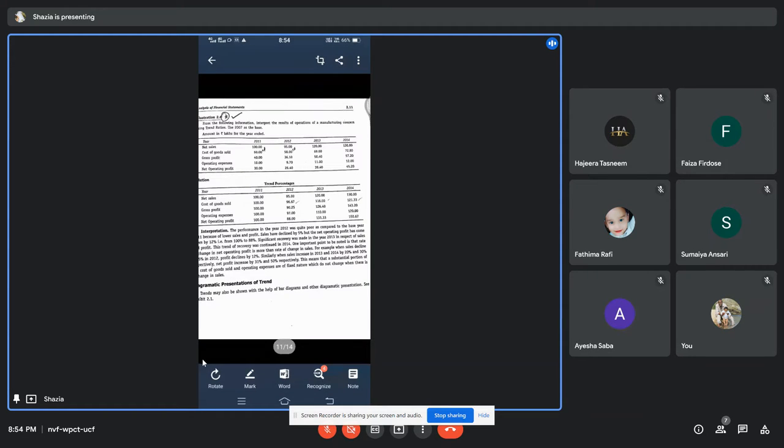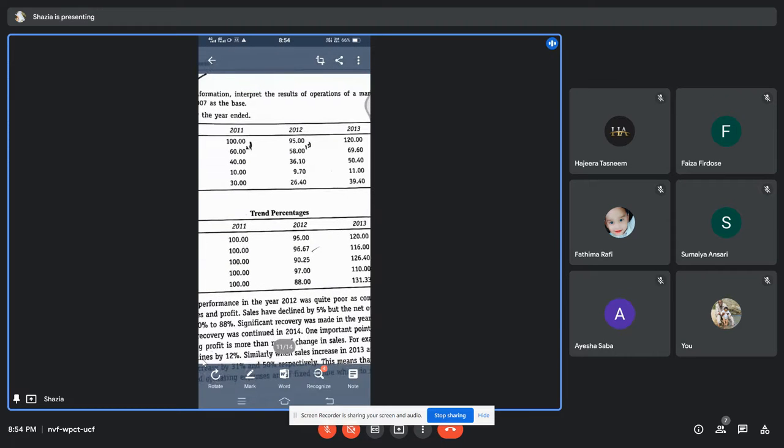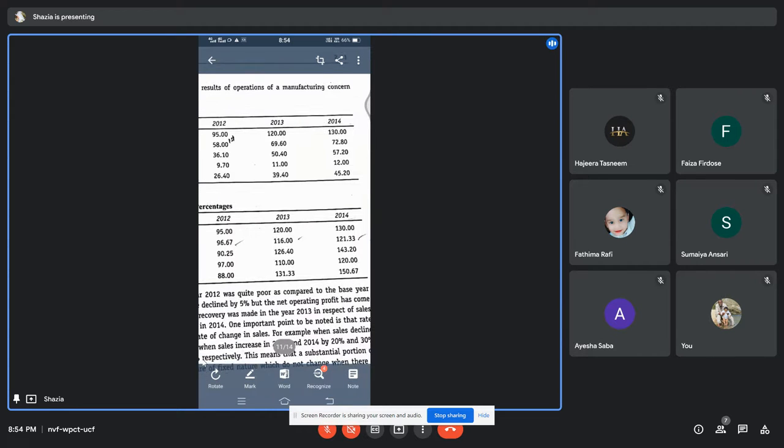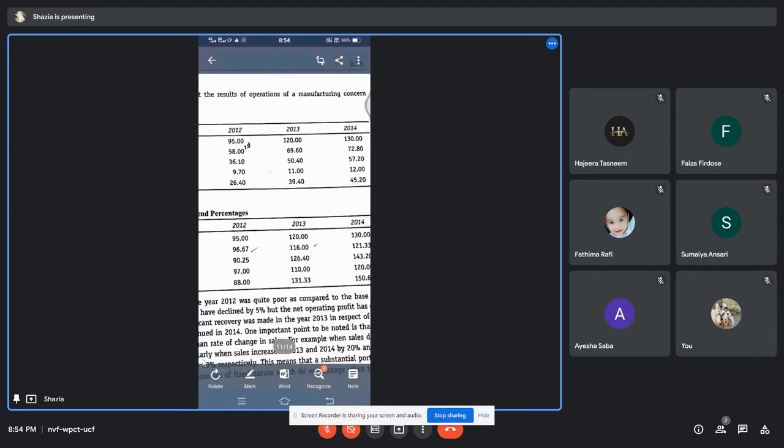Then operating expenses also, you take it as 100% in the answer, but the current years will keep changing. So now this is 10 as a base year. The current year is 9.70. 9.70 divided by 10 into 100 is 97%. Then 11 divided by 10 into 100 is 110%. Then 12 divided by 10 into 100 is 120%.